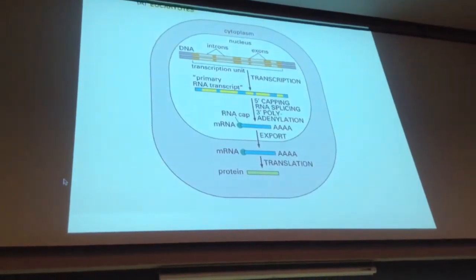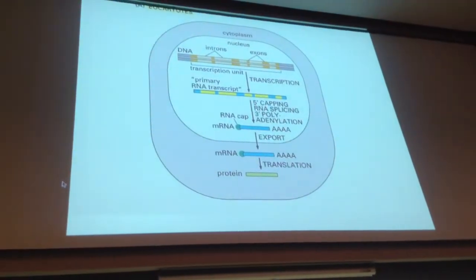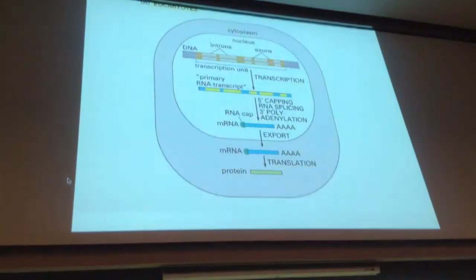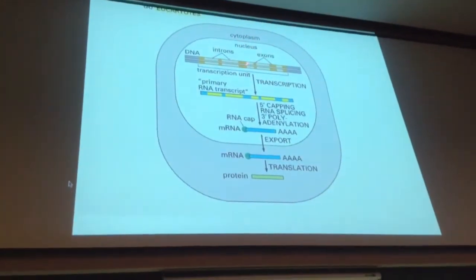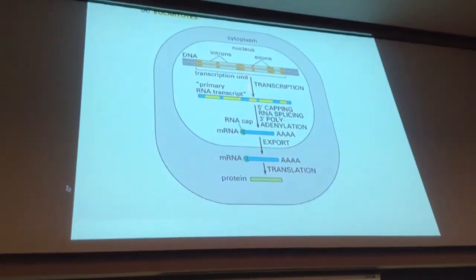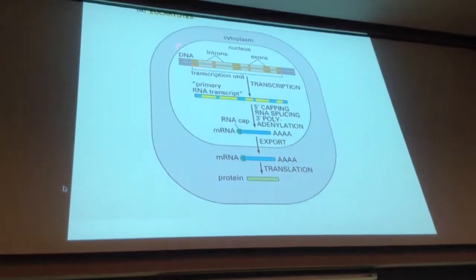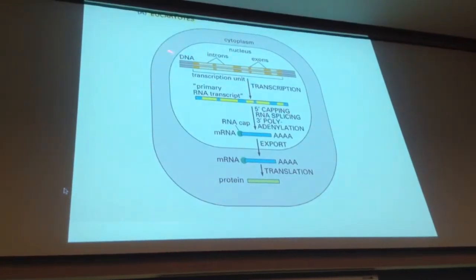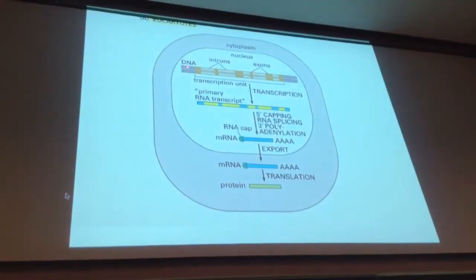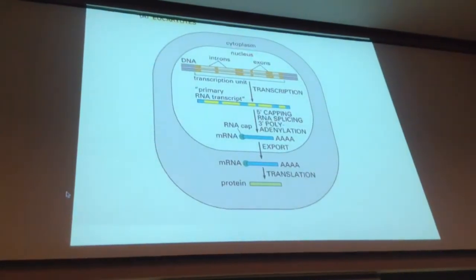So we're going to start talking a little bit more about transcription. We've talked about DNA replication, we've talked about transcription, and about the recognition of the promoter region by these DNA binding proteins. And when they bind, they begin to transcribe that gene.